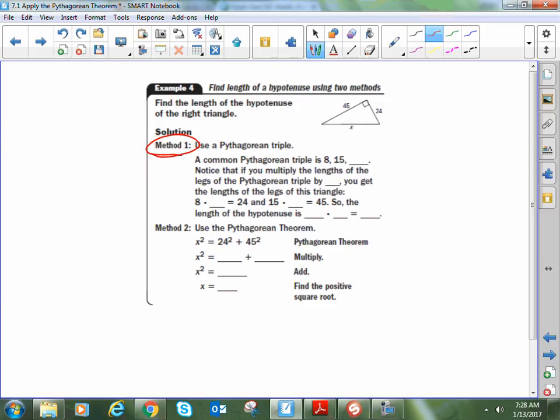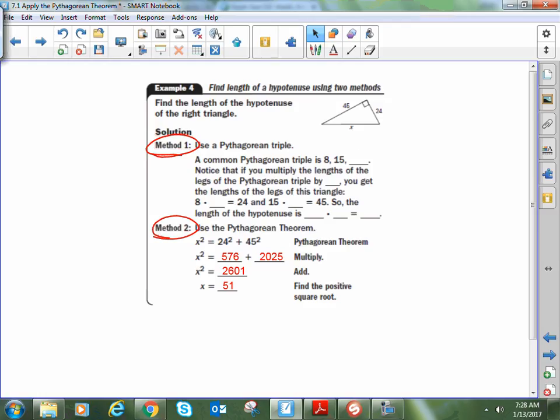I'm automatically going to jump right to method 2 and use the Pythagorean theorem. When I do, I'm going to substitute the values and find that the hypotenuse in this case is 51. At this point, I recognize that I have three whole numbers for the sides of a right triangle, so that is what tells me I have a Pythagorean triple.